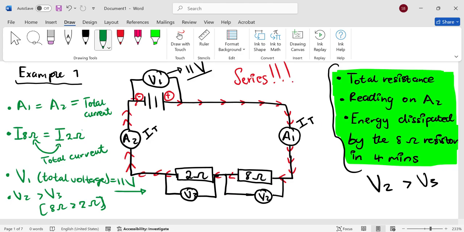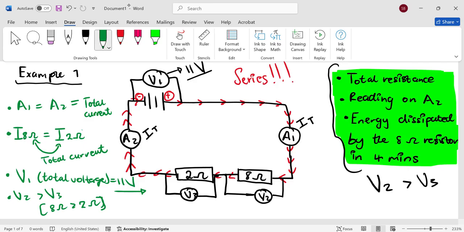Another very important point when you answer questions: if you want to calculate, say, the value of V2, every voltmeter has its corresponding resistor. So V2 goes hand in hand with the 8 ohm resistor. Similarly, V3 goes hand in hand with the 2 ohm resistor. However, V1, being the total voltage, is for the entire circuit.